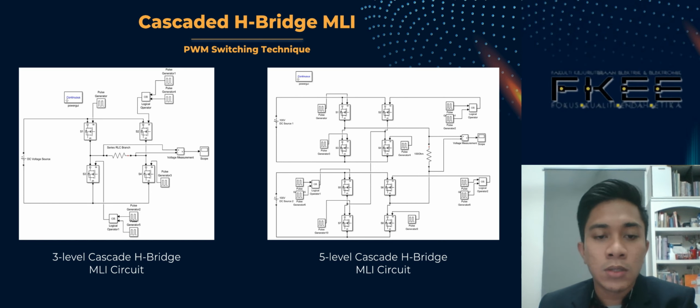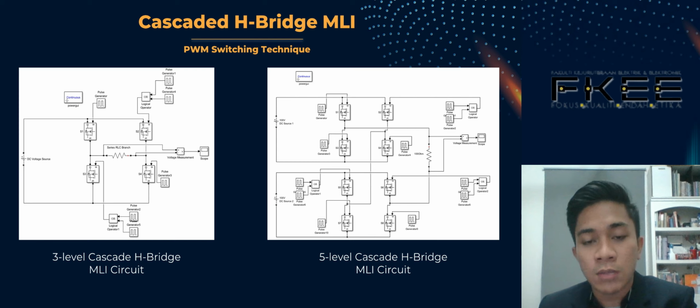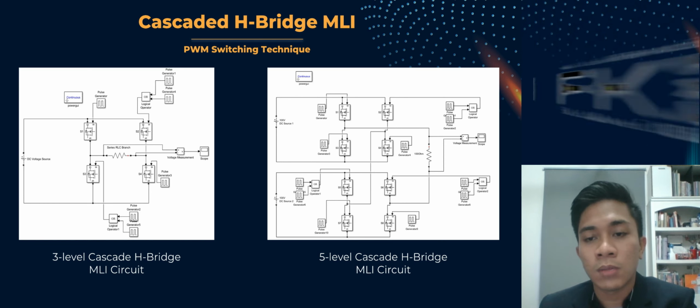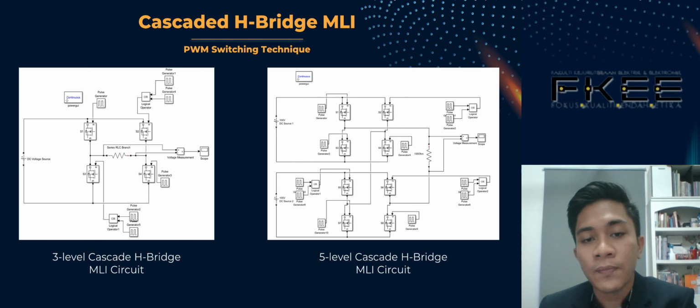The difference between the 3 and 5 level cascaded H-bridge multi-level inverter is the number of components and the number of DC inputs. As we can see here, for the 3 level we have only one DC input voltage, but for 5 level we have two DC input voltages, and the number of semiconductors also increases from 4 MOSFET to 8 MOSFET.